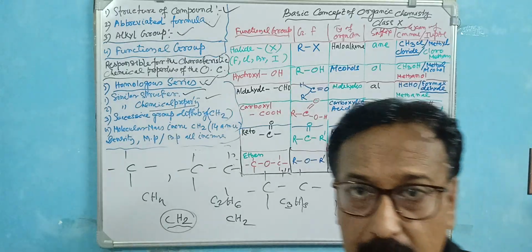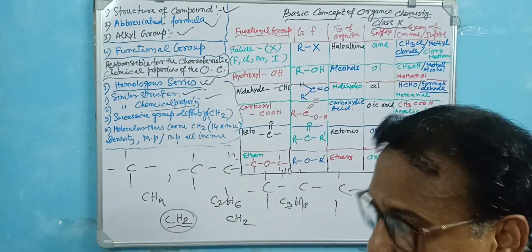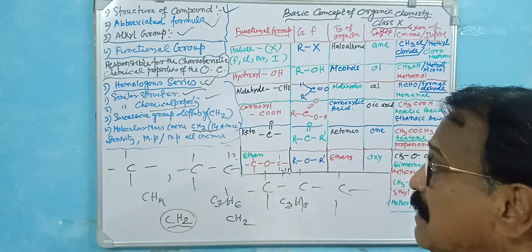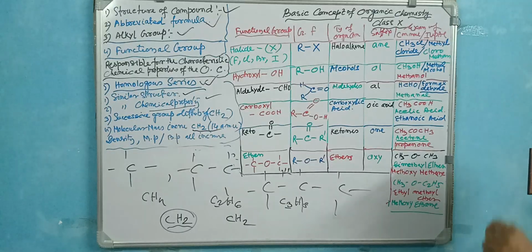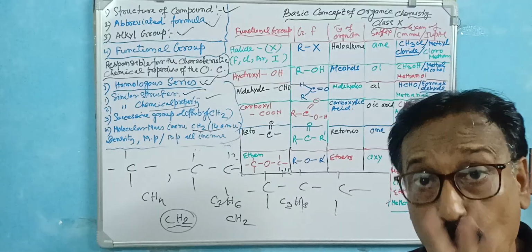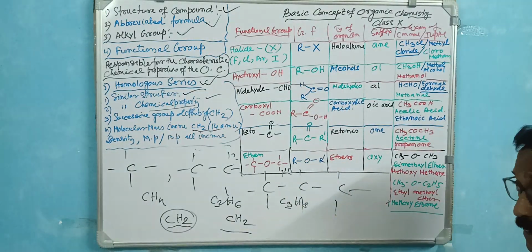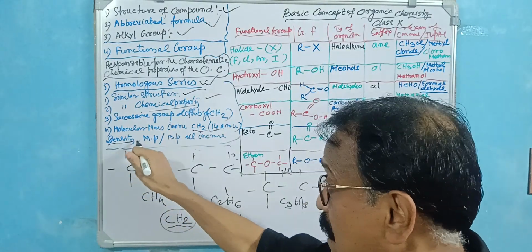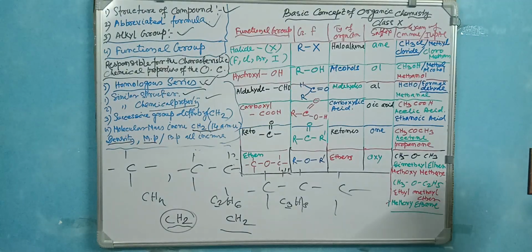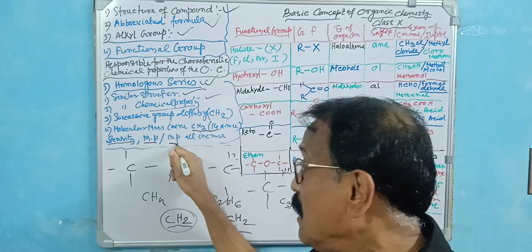So what is the difference between the previous and successive members? Just the difference of CH2. That means each and every time the molecular mass increases by CH2, that means 14 AU, the carbon is 12 and hydrogen 2. For that reason their density increases, their melting point increases in the higher homologous series, and the boiling point also increases.